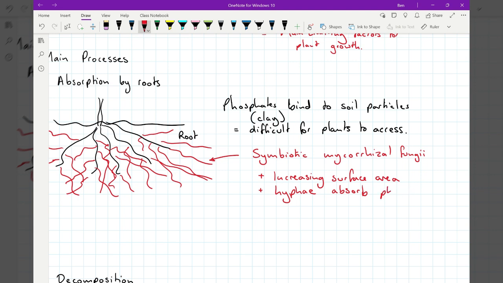So they absorb the phosphates and exchange them for glucose from the plant. So they both benefit. That's what symbiotic means. The fungi gets glucose from the plant, and the plant gets phosphates from this network of fungal hyphae.